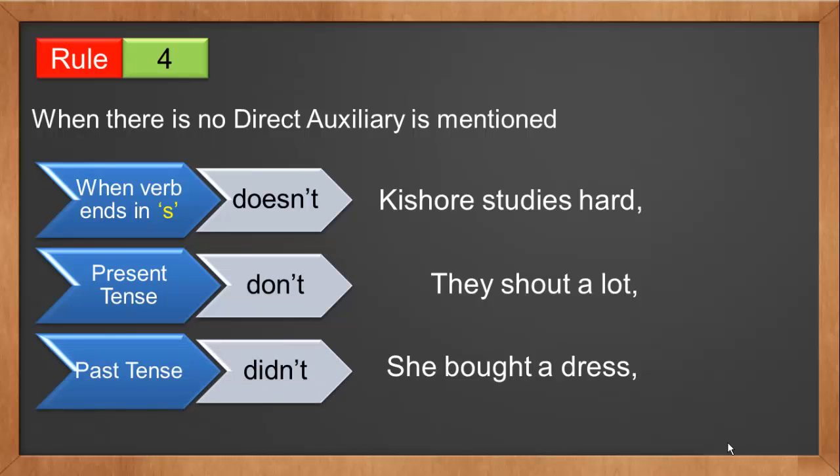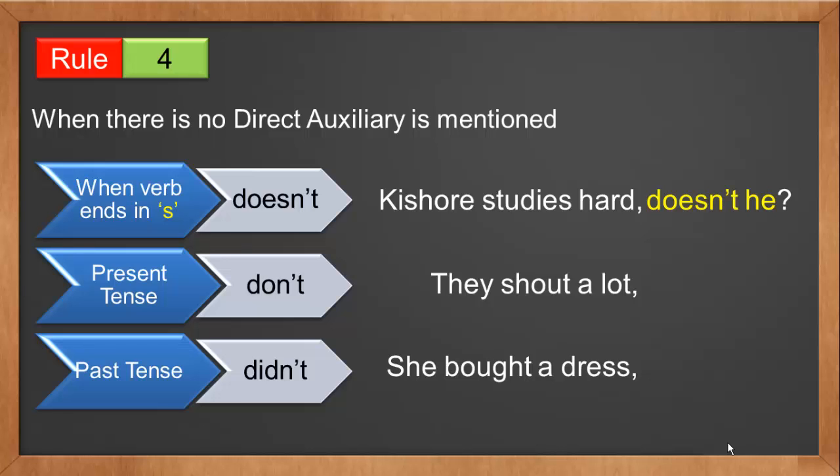And the same way, if it's in past tense, you can use the word didn't. She bought a dress, didn't she? So the answers. Kishore studies hard, doesn't he? We can also understand this as Kishore does study hard, and that's why the word doesn't comes.